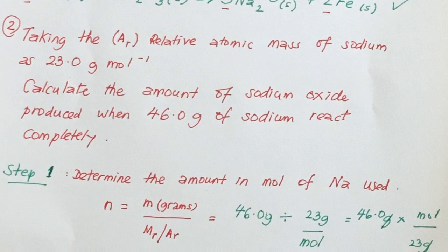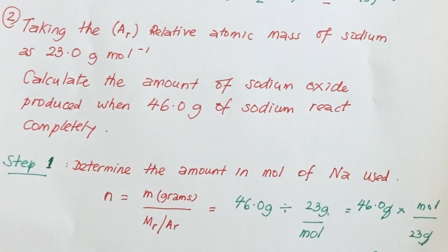So 46 grams of sodium divided by 23 grams per mole, which would be the units of its relative atomic mass. 23 grams of sodium makes up 1 mole of sodium. This divided by this means that we've got to multiply by the reciprocal.